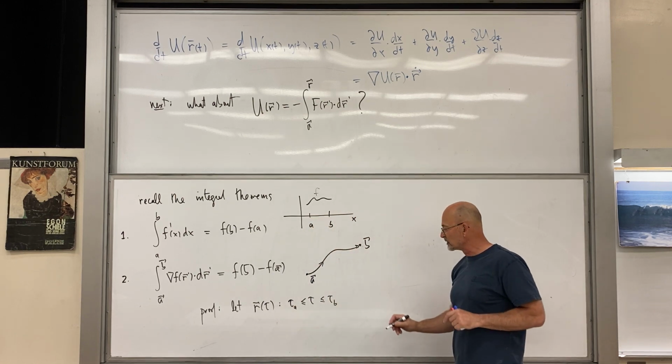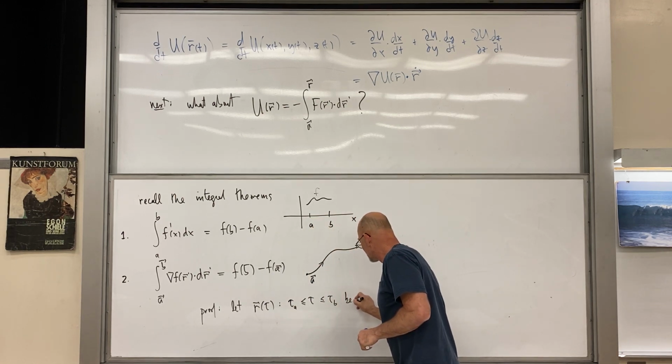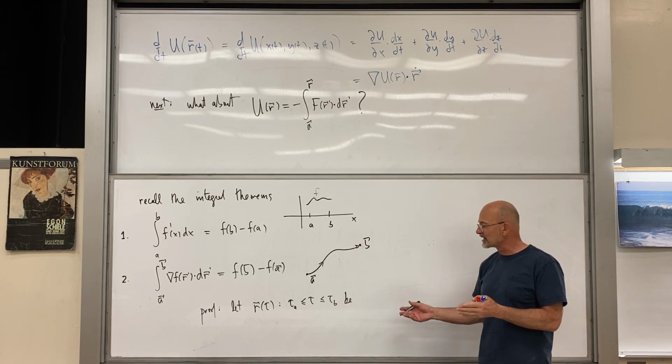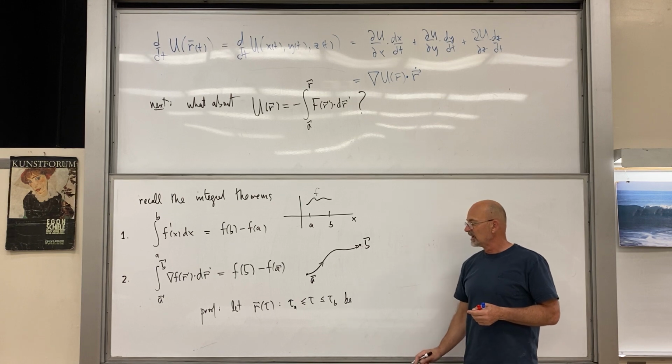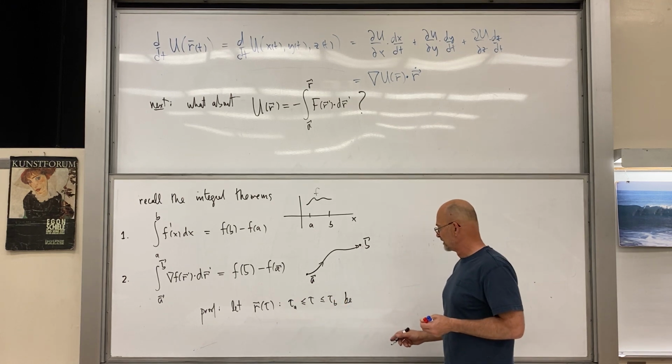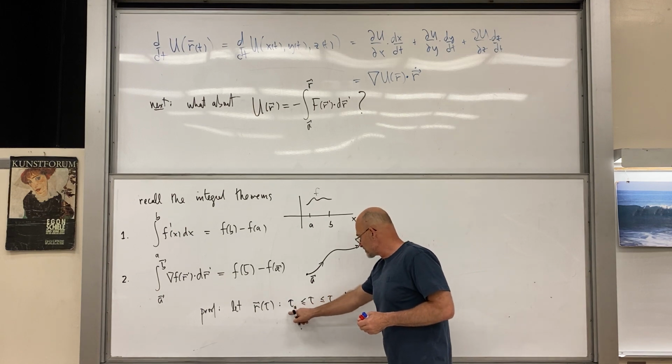So this is a parametrization, and we always have an example for that. We just did the cycloid, right? The cycloid was a parametrization, and our angle went from 0 to 2 pi. But I'm just using different letters.